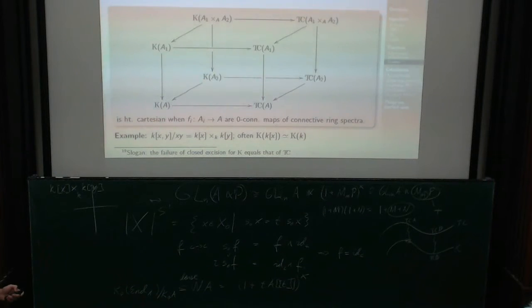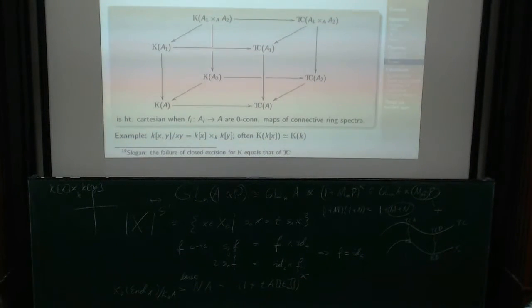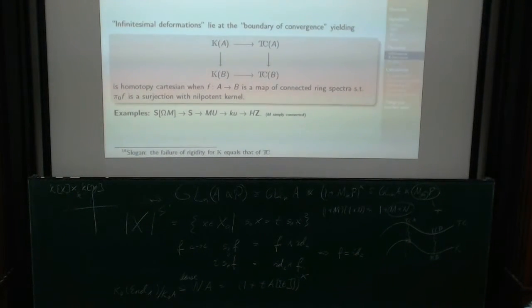Okay, so those are the two rectifications of the two deficiencies I had for algebraic K-theory. We had control of the case when f was a surjection with nilpotent kernel.